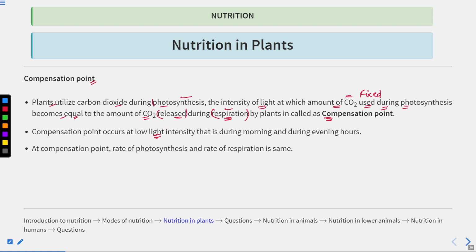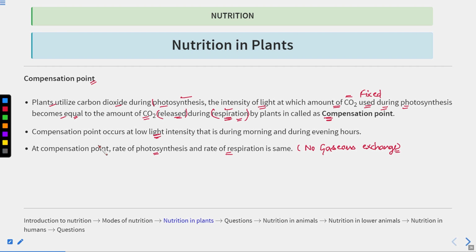The amount of carbon dioxide which is used is equal to the amount of carbon dioxide which is released during respiration in plants. So because of this, the rate of photosynthesis is equal to the rate of respiration. Or you can also say that at compensation point, there is no gaseous exchange.